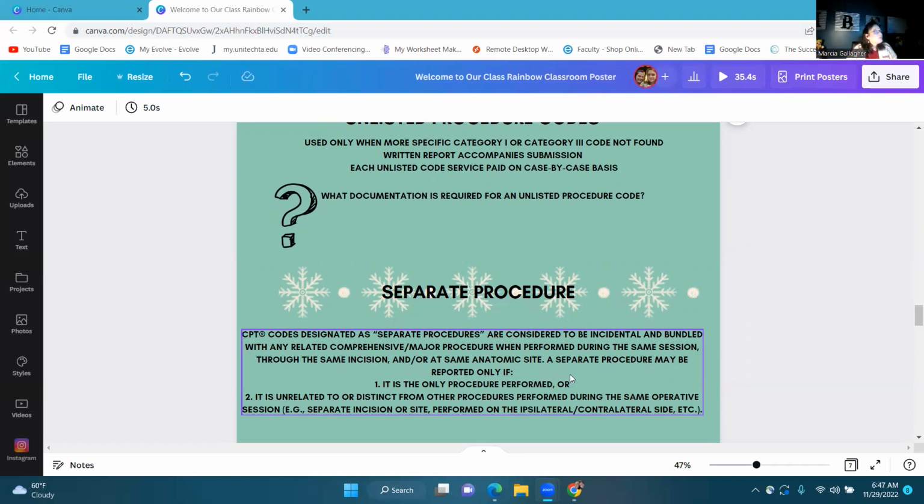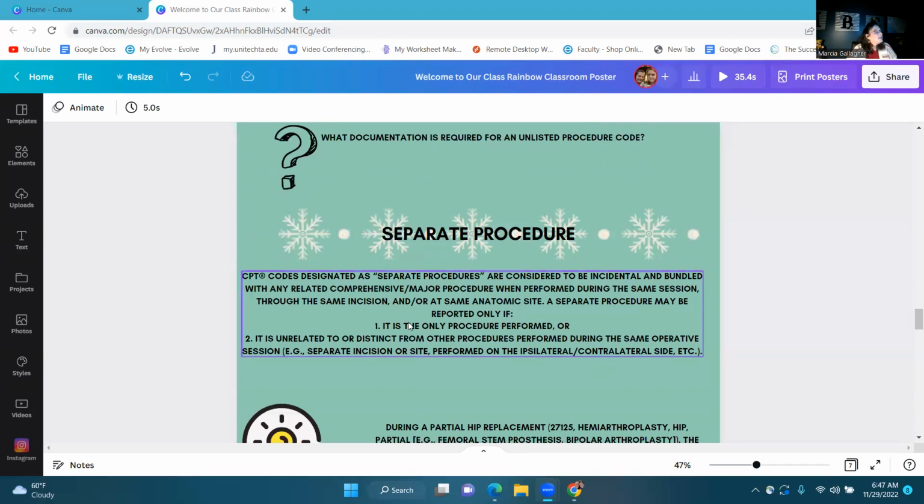A separate procedure may be reported if it is the only procedure performed, or it is unrelated to or distinct from the procedure performed during the same operative session.